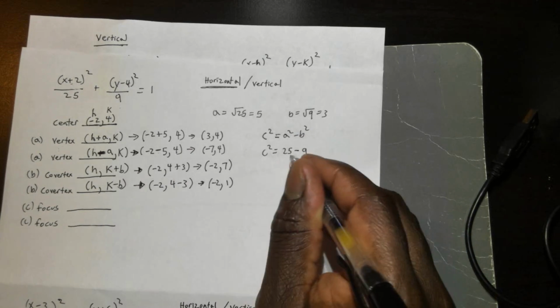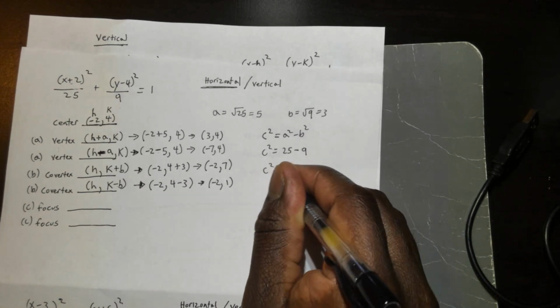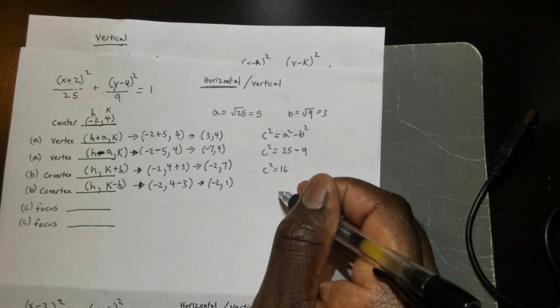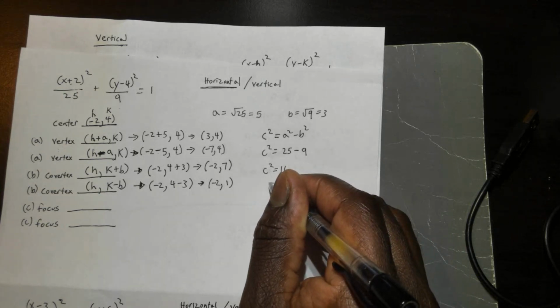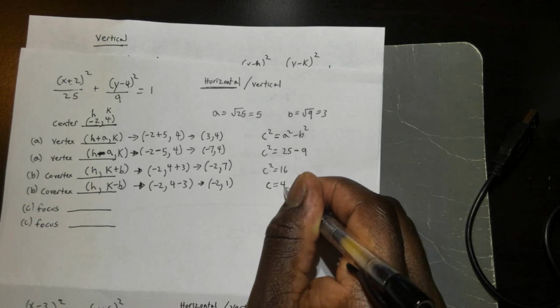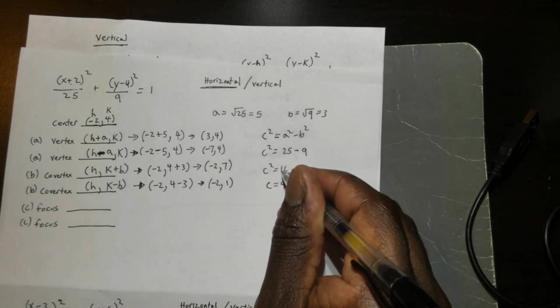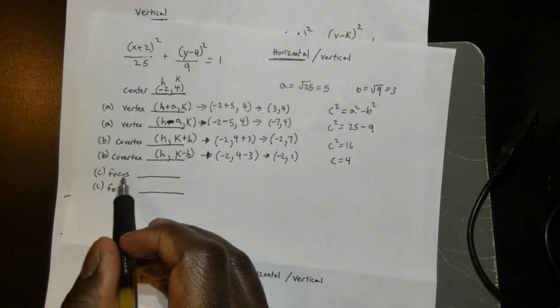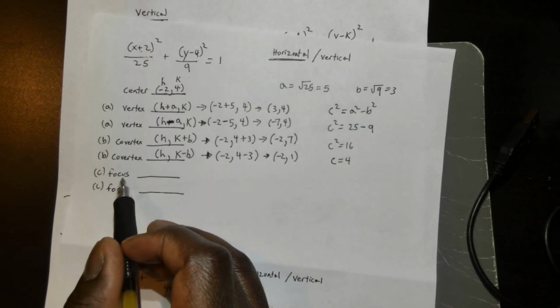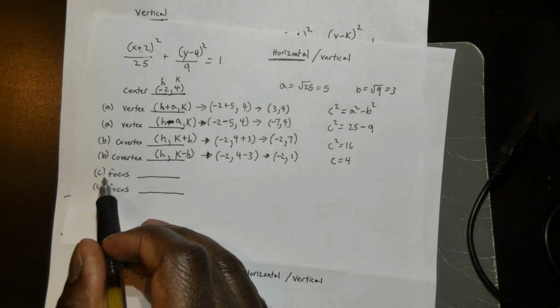So 25 minus 9, that's 16. And so if c squared is 16, what does that mean about c? Well, c would have to be 4, because if you take the square root of 16, it's 4.